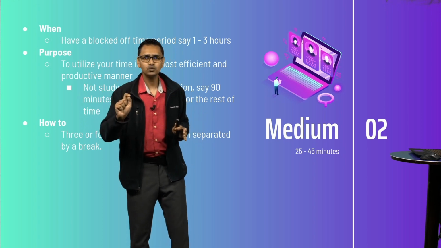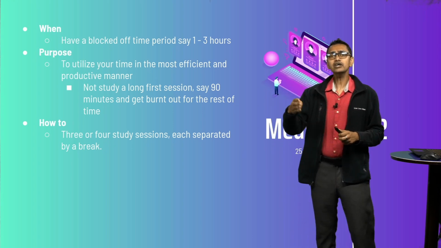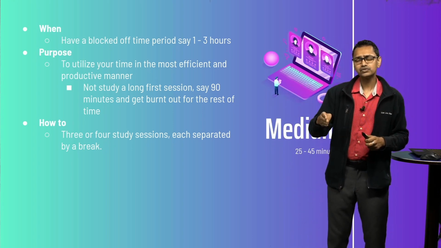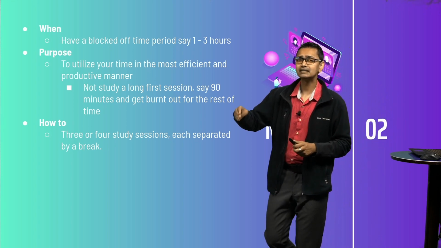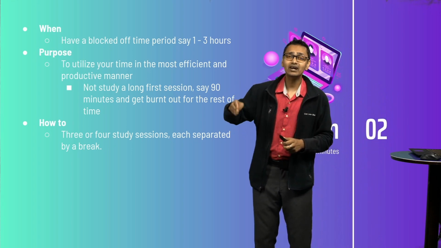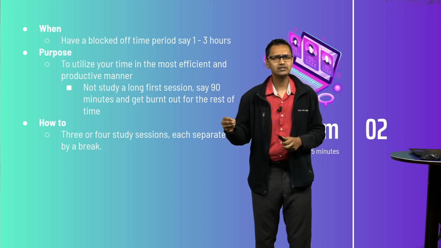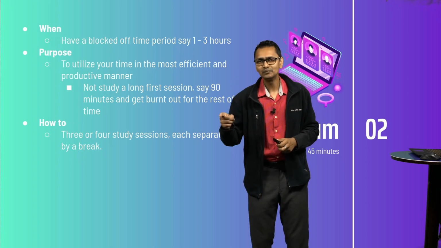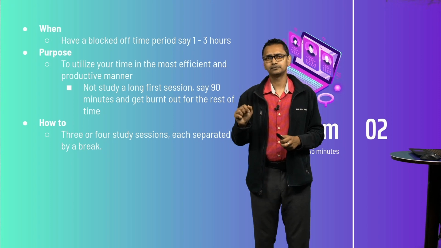However, this is where the loop process goes in and the feedback system kicks in. If when you start at 9 and you stop at 9:45, you take your 15-minute break at 10 and you start back at 10, and you realize it's very, very difficult to start back at 10 because you're tired, you're frustrated, you're fatigued, you just need a few more moments. What I would do is take that as an indication that my 45 minutes was too long.